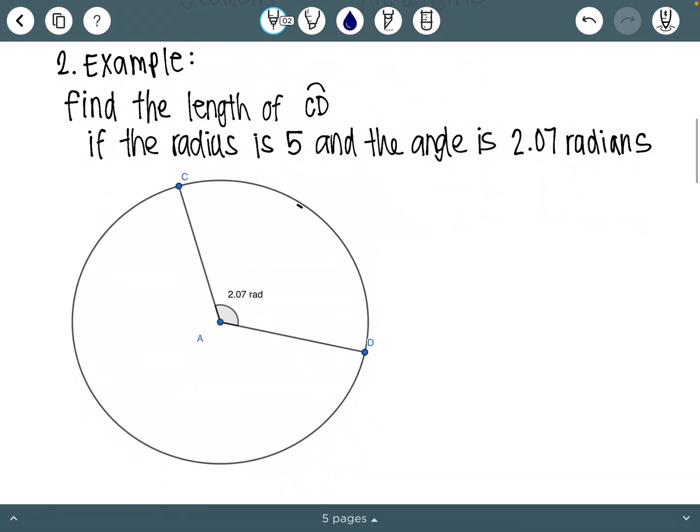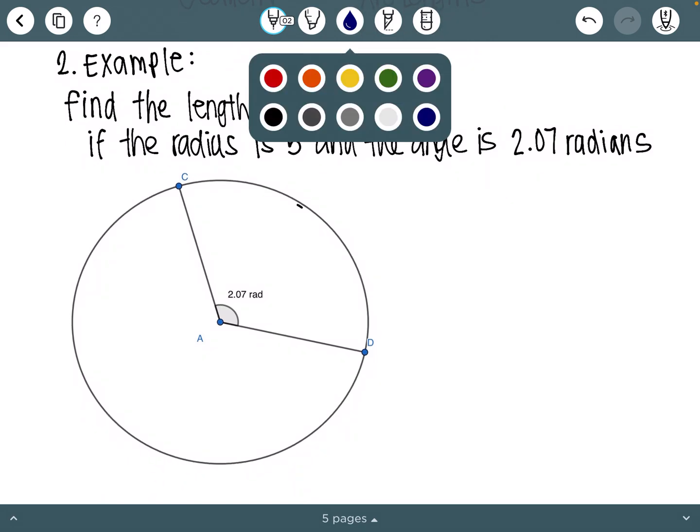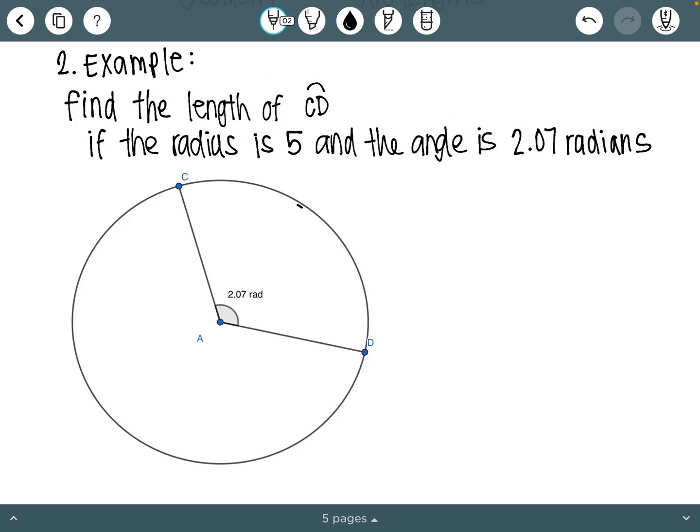So for the arc length, let's do an example. Find the length of CD. So this is CD here. Always locate what you're looking for. If the radius is 5, so here, 5, and the angle is 2.07. Again, this arc length is proportional to the angle and to the radius.